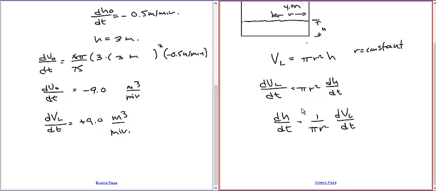It just divides both sides by pi r squared. Now dH/dt should be positive because the tank's filling up. So we have 1 over pi times r, which is 4 meters, squared, times 9 meters cubed per minute.